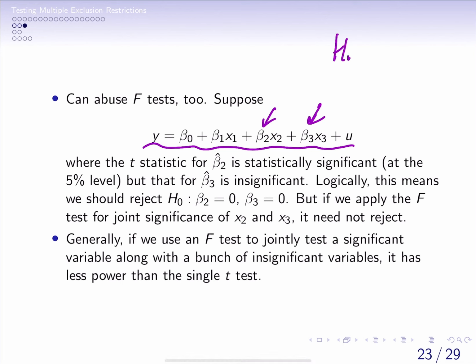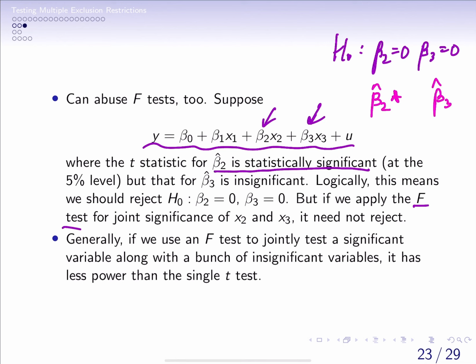So if you're setting up this null hypothesis, which says beta 2 is equal to 0 and beta 3 is equal to 0, and if we apply the F test after knowing that beta 2 hat is statistically significant, but beta 3 hat is not, then you might actually find that the F test may not reject the null, okay?